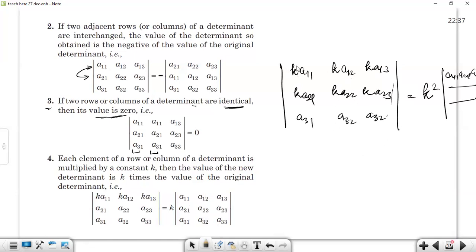So we have taken common k from this row, and another k from the second row, so k again.